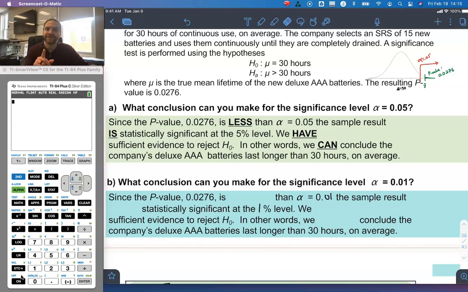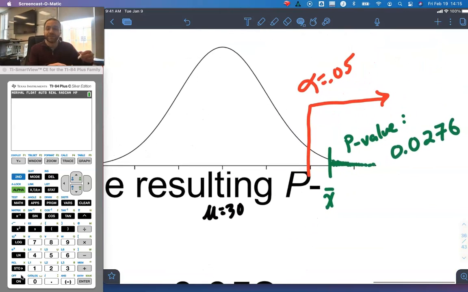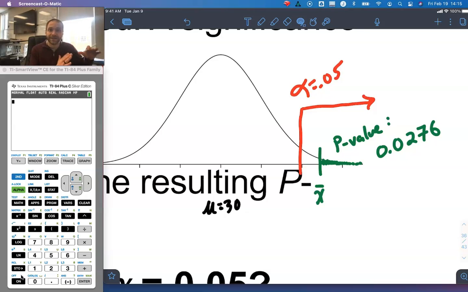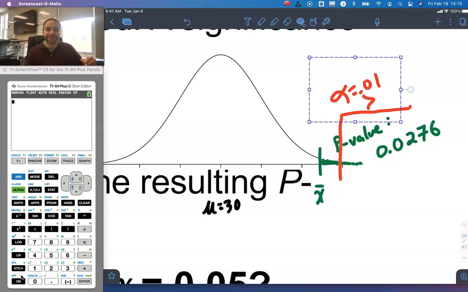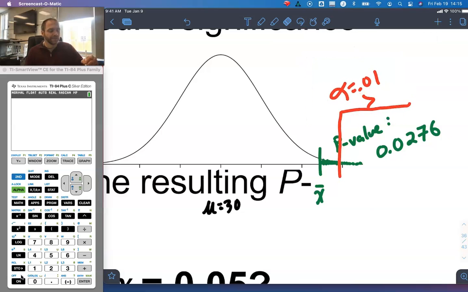But what happens if I take that significance level and I make it even smaller? So right now, this significance level was 0.05. The area to the right of it is 0.05. But what if I were to take that significance level and make it 0.01? Well, that's a smaller area, isn't it? So that means I got to take this, I'm going to slide it, and 0.01 is actually smaller than 0.0276.